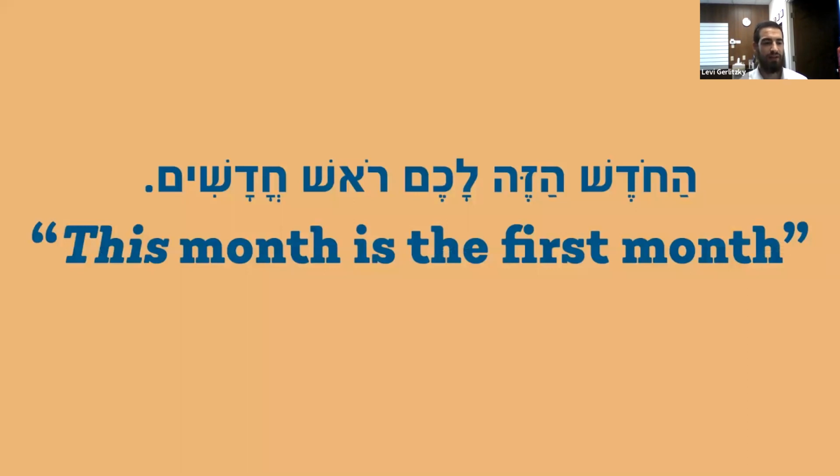Another example would be the verse we read in the Torah 2 weeks ago: this month is the first month. The Torah doesn't say what the commandment is here. Is God just notifying Moses that January 1st is the first month? So the commentaries explain that God is commanding us to set aside a calendar that goes according to the moon.